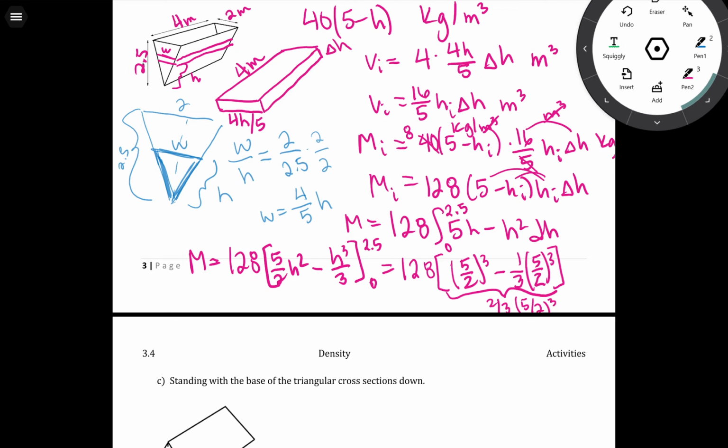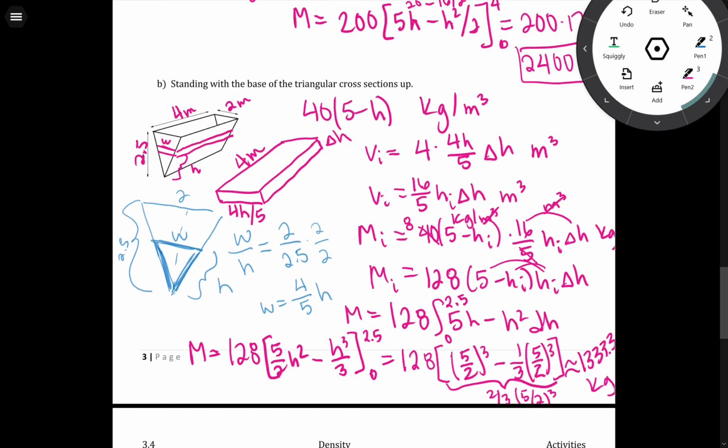We could at least cancel the 8 out, but I'm going to go lazy mode on you and not do the arithmetic right now. So we multiply 5/2 cubed, and I get about 1333.33 kilograms.